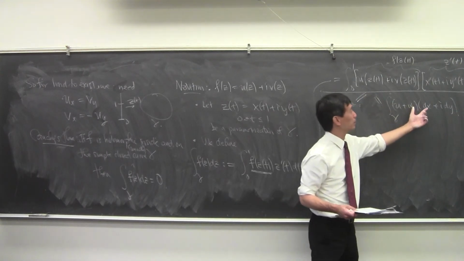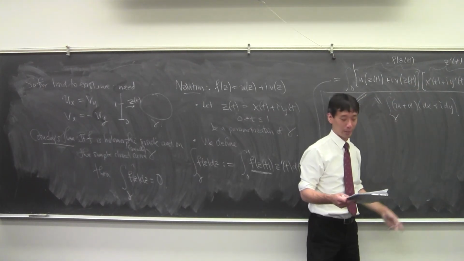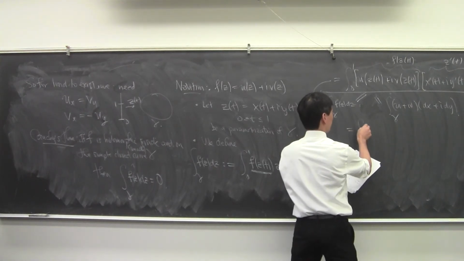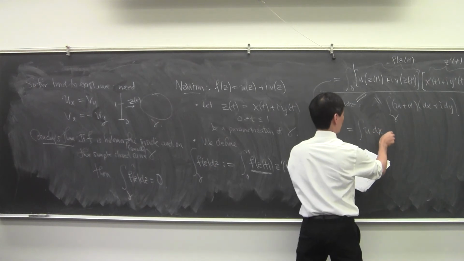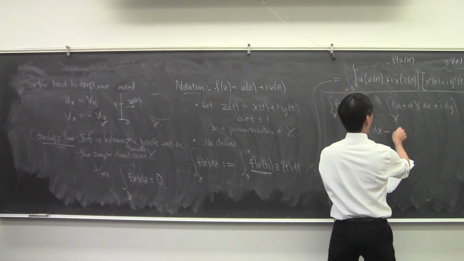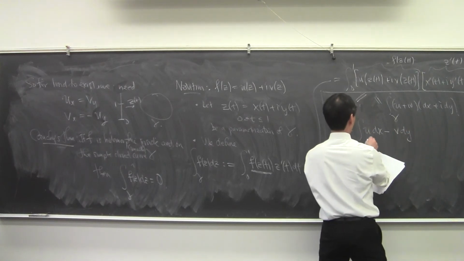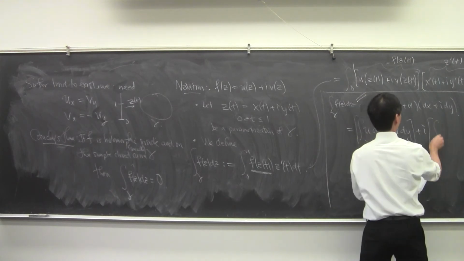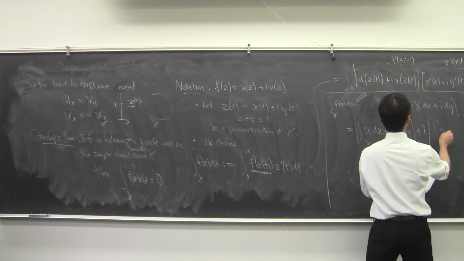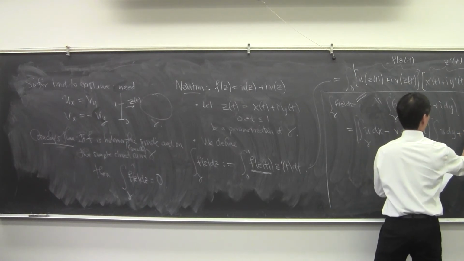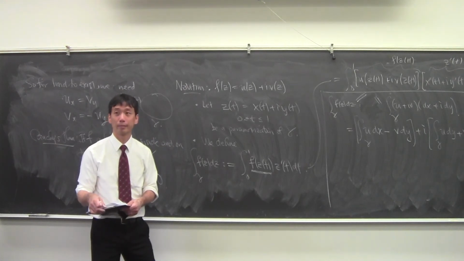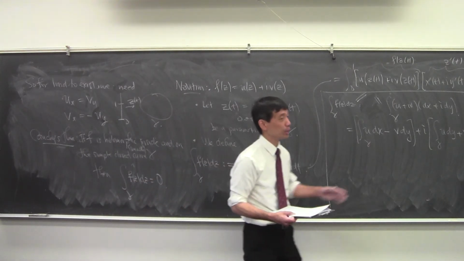Anyway, you can just imagine this means this. So this is the same thing as the integral of u dx minus v dy over gamma plus i times the integral over gamma of u dy plus v dx. I'm just multiplying out.